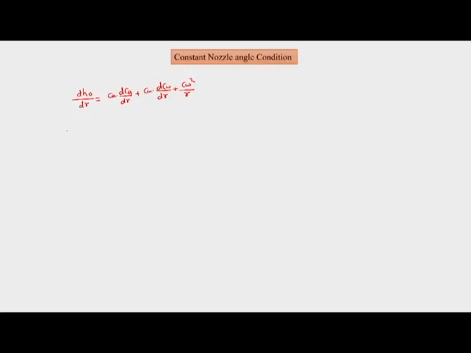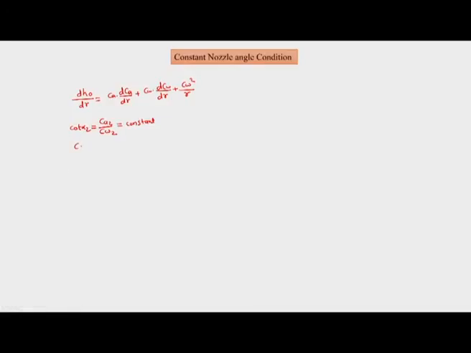But now in case of the constant nozzle angle, we expect alpha 2 to be constant. So for that sake, we would consider that cot alpha 2 is equal to Ca2 upon Cw2 is equal to constant. And since it is a constant, we can have it same at different altitudes.